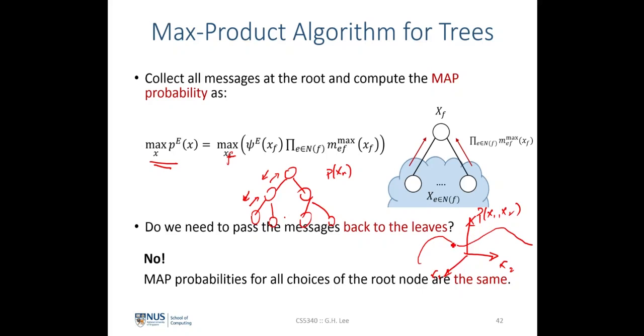So regardless of whichever random variable I choose as the root node, after doing this maximization process over all the random variables, what I will get as a result is the maximal probability that corresponds to a certain configuration of x1, x2 in the joint distribution.